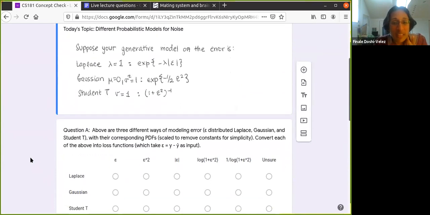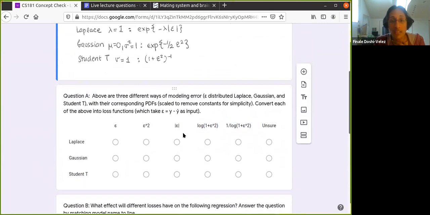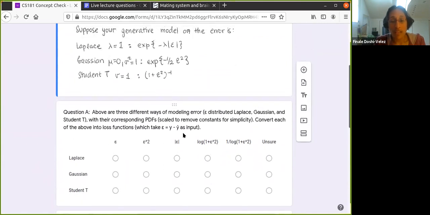In terms of connecting the generative model to a particular expression, remember what we did. We took the log likelihood of the error, the difference y minus w transpose x.